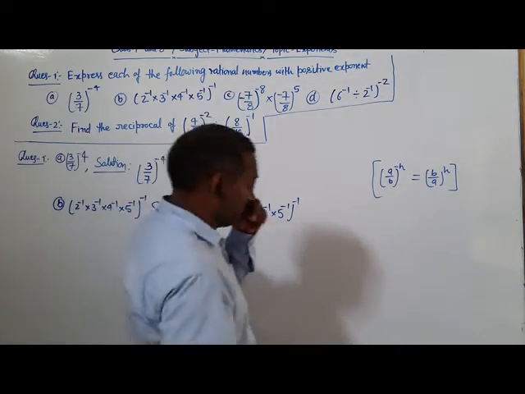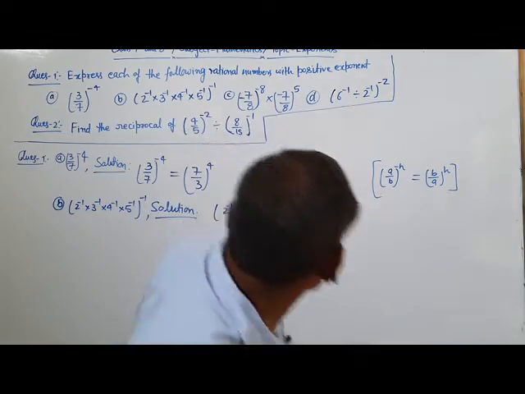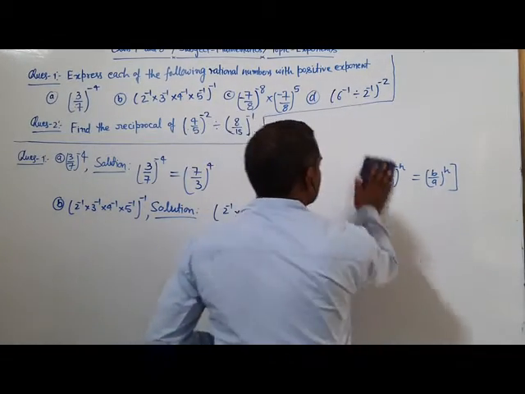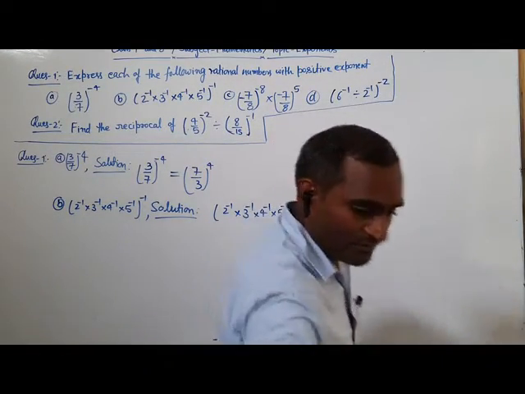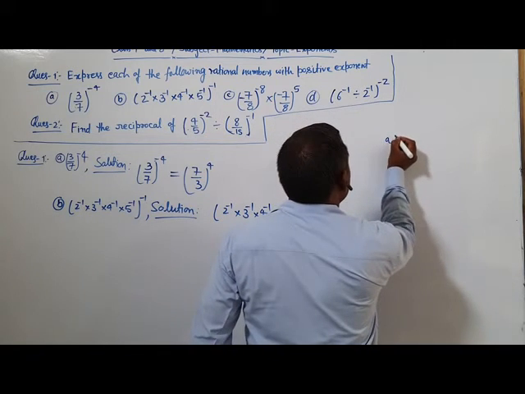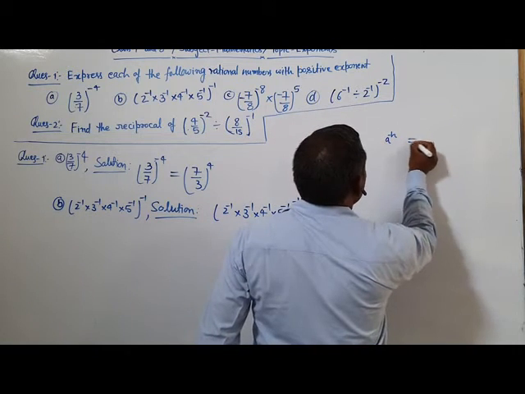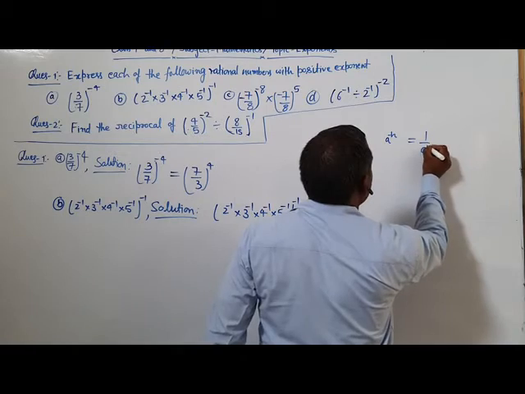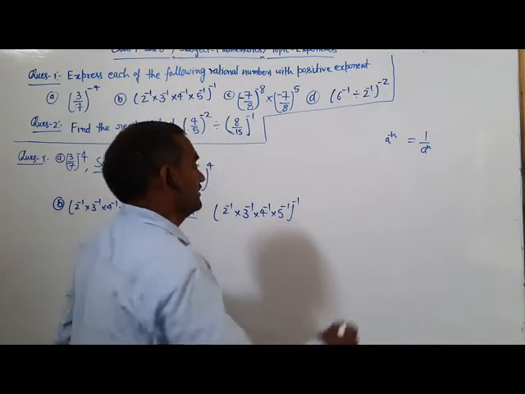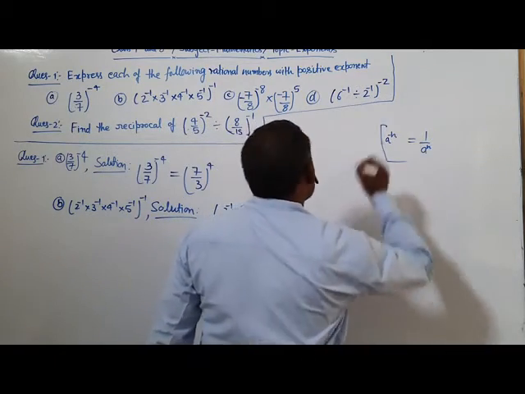We know that a^-n is equal to 1 by a^n. We have to use this law.